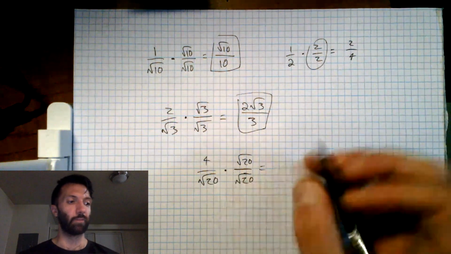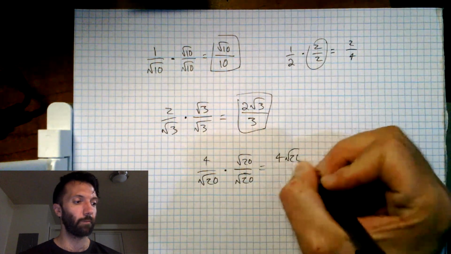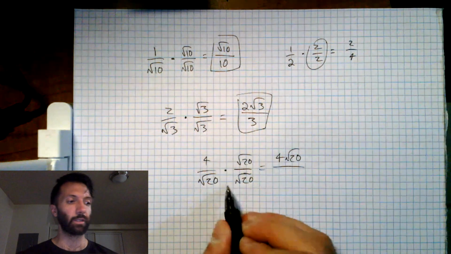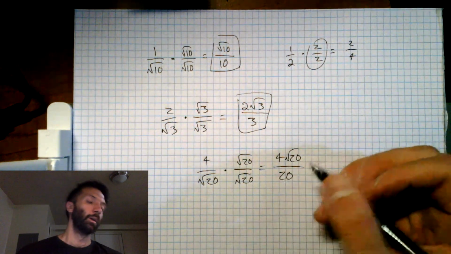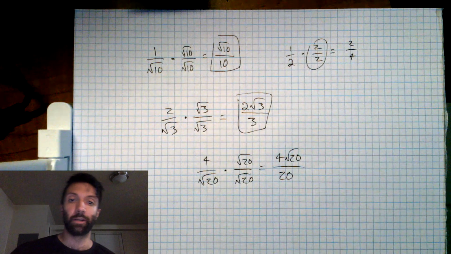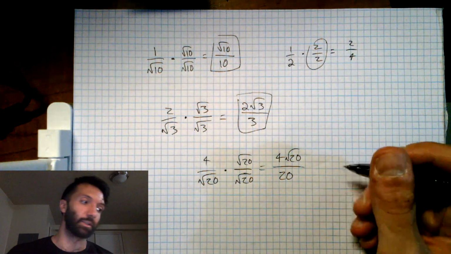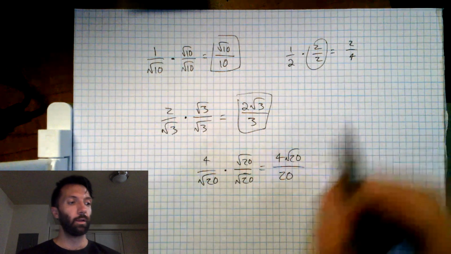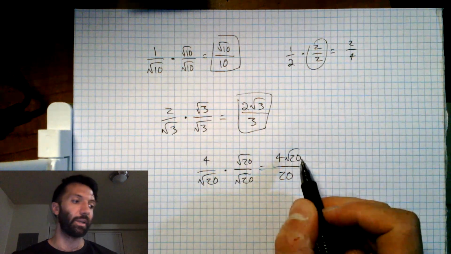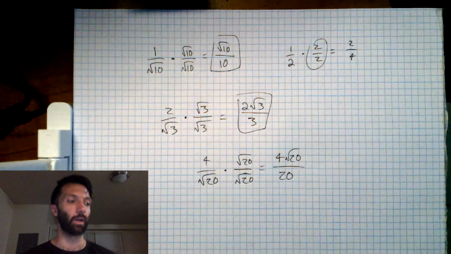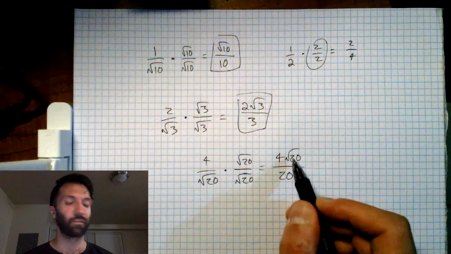And now 4 times root 20 is 4 root 20. And root 20 times root 20 is 20. Now, my denominator is rationalized, but this is not fully simplified. Okay, so the square root of 20 is not simplest radical form, so I can actually simplify this further.